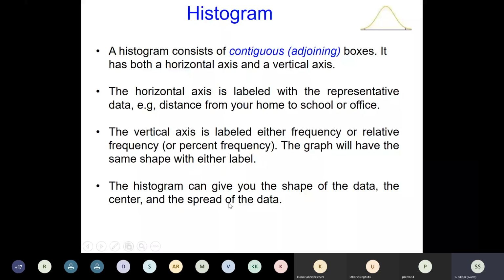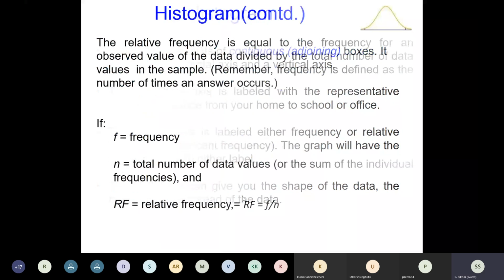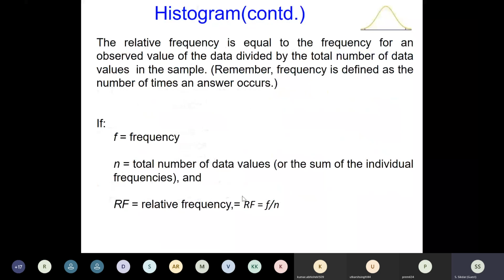Okay, so once you plot it, maybe you will get some type of a trend. These are all basic things. Also, the other day I said that relative frequency you can calculate from the frequency. Frequency is the number of data, that is repeated for a particular value.